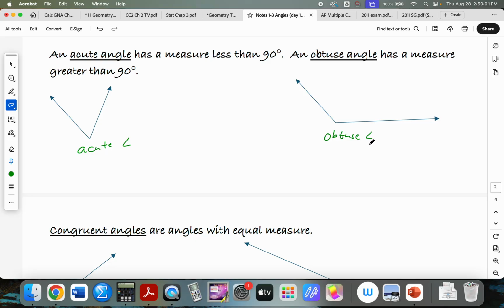And I don't think I pointed this out, but you probably figured it out already, I hope. That's the symbol for angle. Be careful, don't make it a less than sign. An angle sign, the bottom part is horizontal. Okay, so this is an acute angle and an obtuse angle.